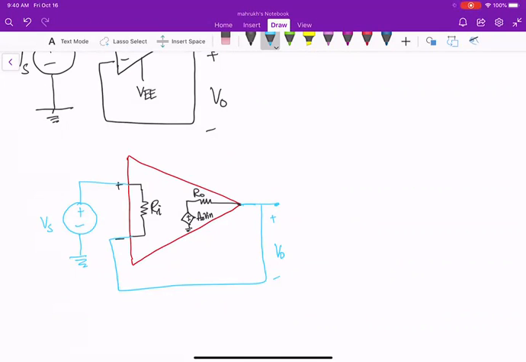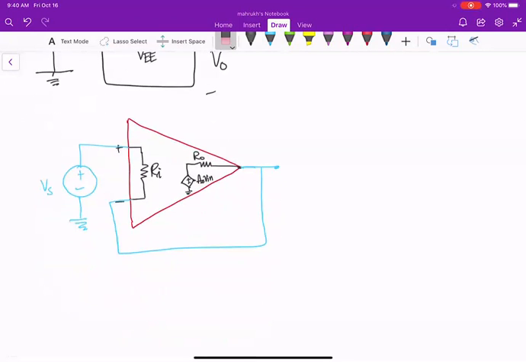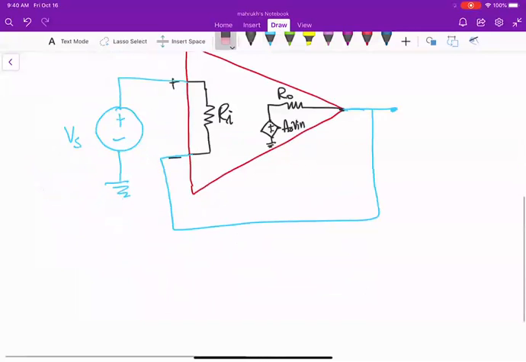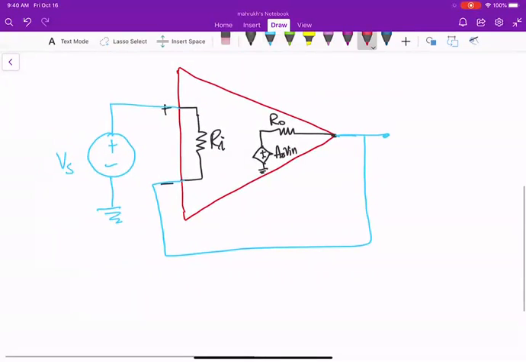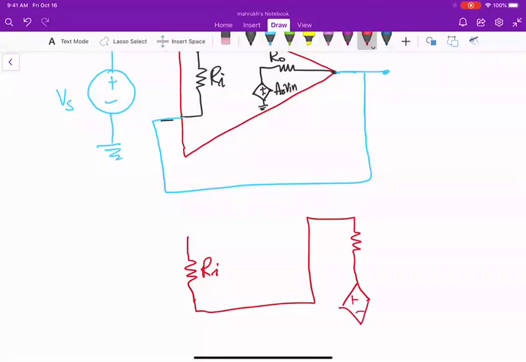So now let's draw this circuit in a simpler manner, okay? Let's see what this circuit is. So what I'm doing is RI is connected to R naught, A naught V in, which is connected to ground.